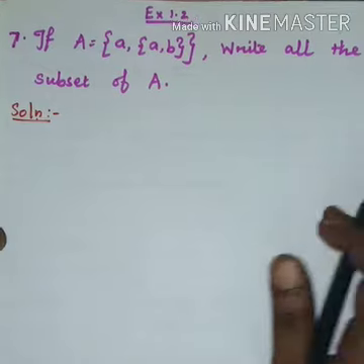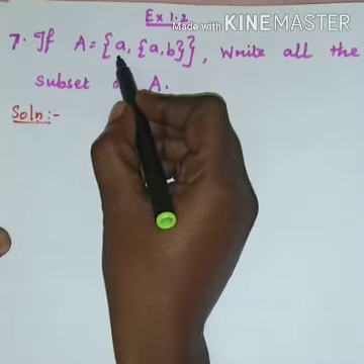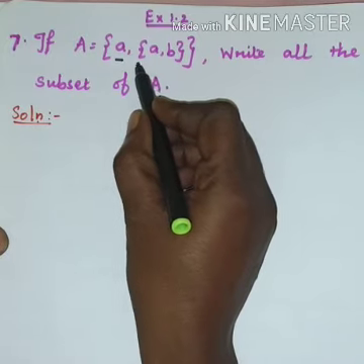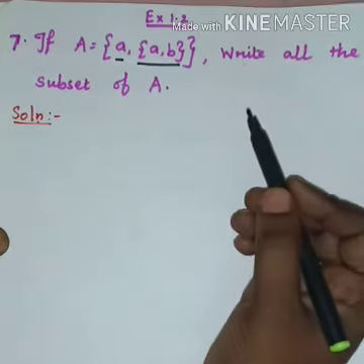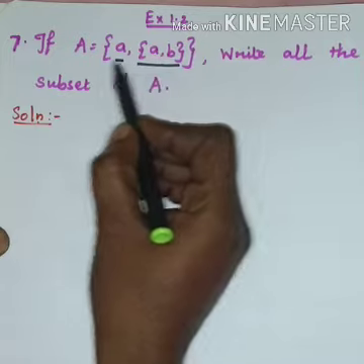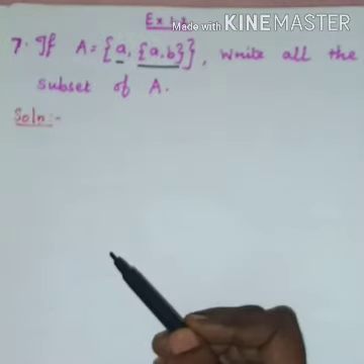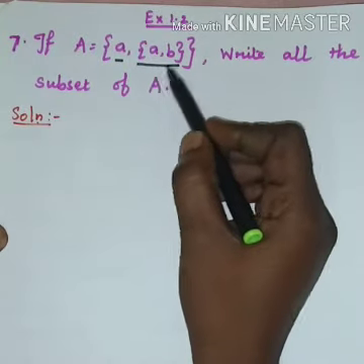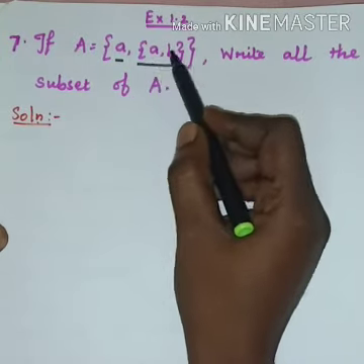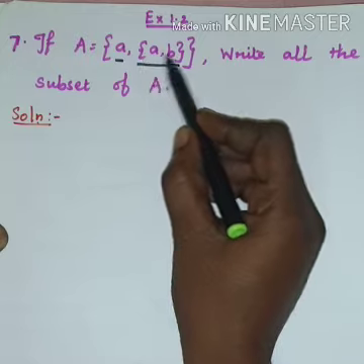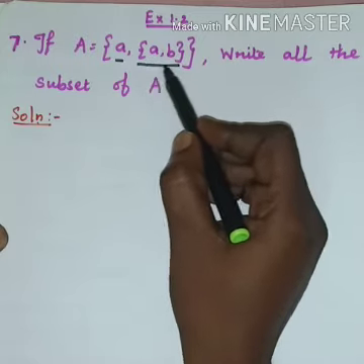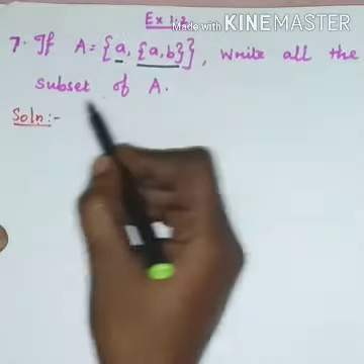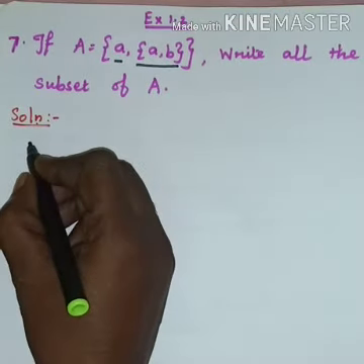One element is a and the other element is the set {a, b}. Only two elements are there in the set A. So the first element is a and the second element is the set {a, b}. We have to consider this set as a single element.